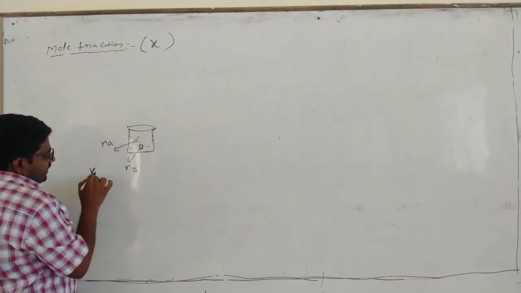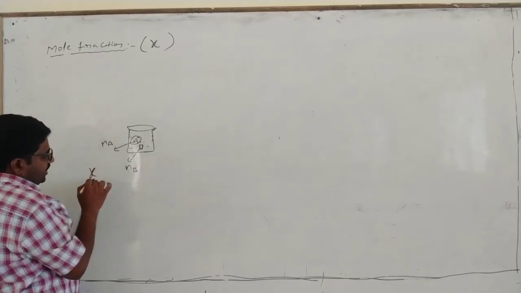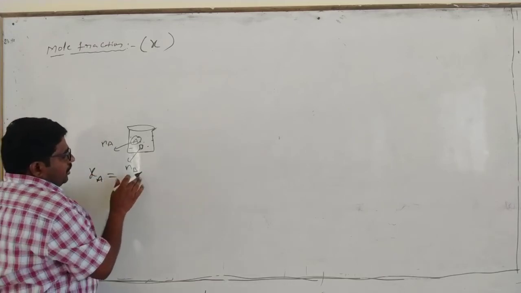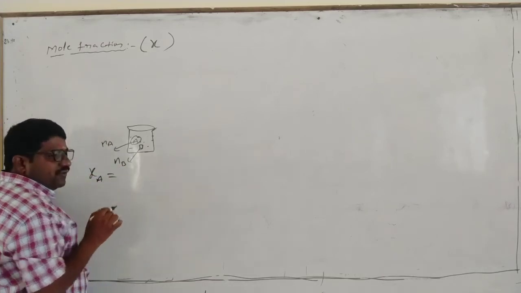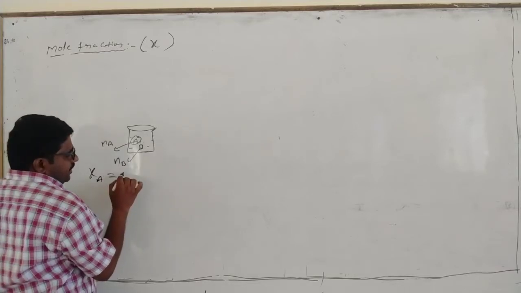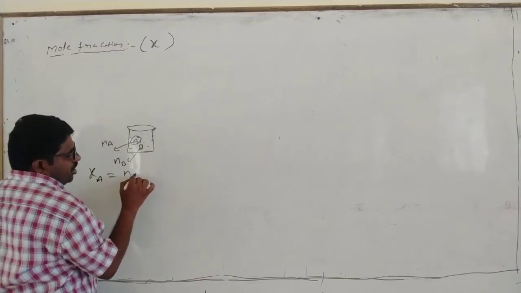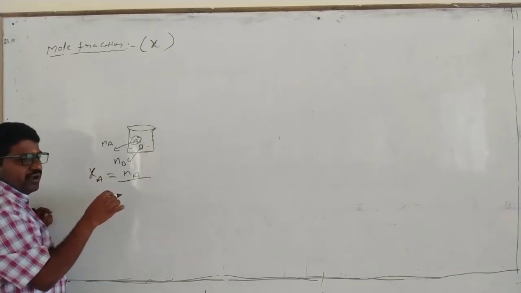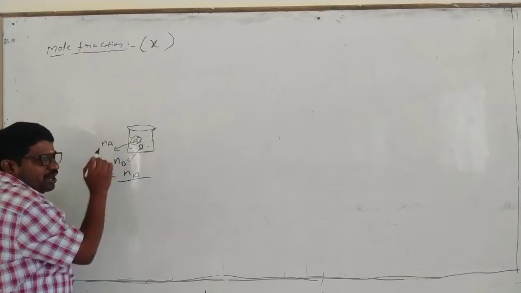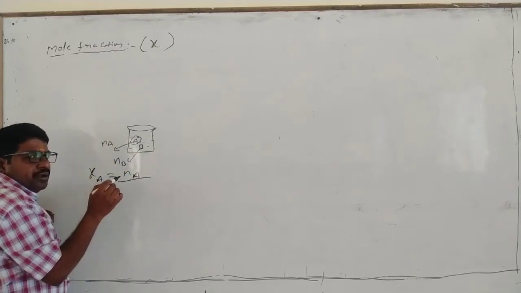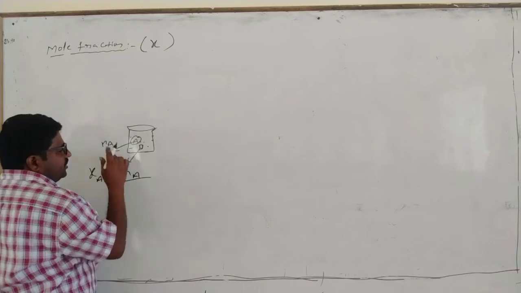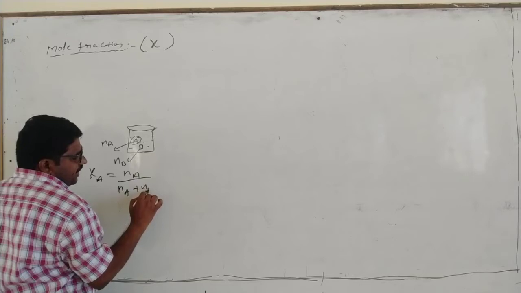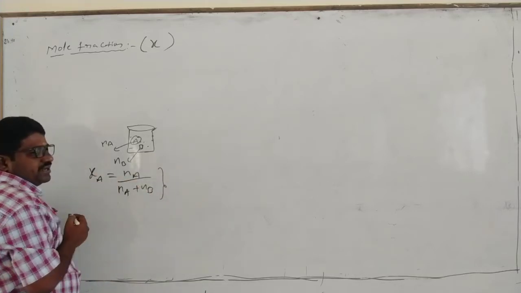For example, the mole fraction of A is equal to the number of moles of one component, that is Na, by the number of moles of total components. Here how many total components? Two, that is Na plus Nb.